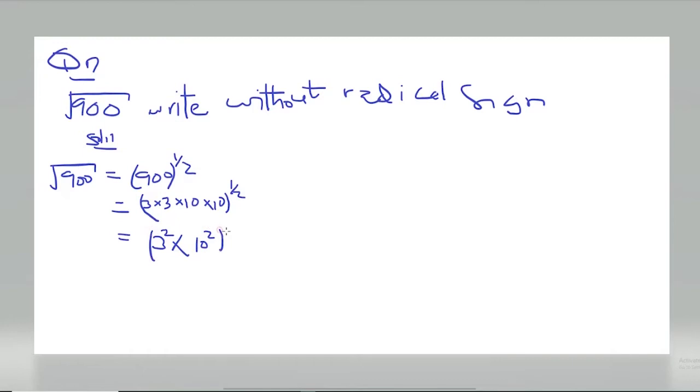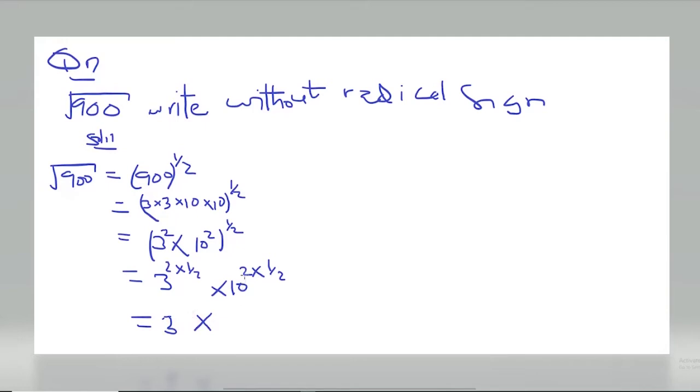Now open the bracket by applying the exponent half. Therefore, this will be equal to 3 squared times a half, and 10 squared times a half. By opening the bracket, the 2 and 2 cancel. Therefore, I have 3 power 1, and 3 power 1 is 3.